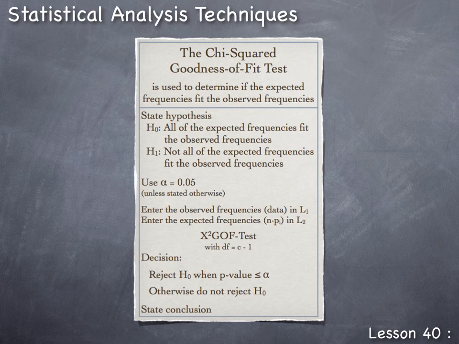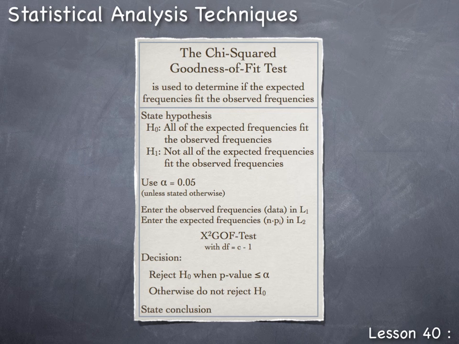And then sample data is collected to observe the actual results. The chi-squared goodness of fit test allows us to test to see if these predicted or expected frequencies reasonably fit or match the observed frequencies. If they do, then the idea used to generate these expected frequencies is considered to be a good idea.